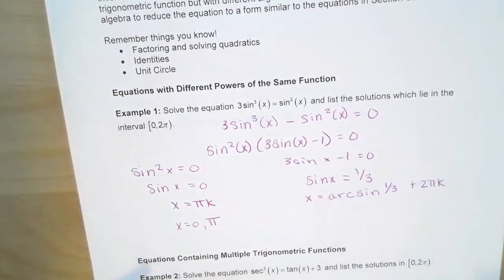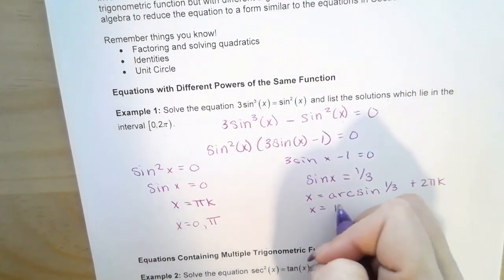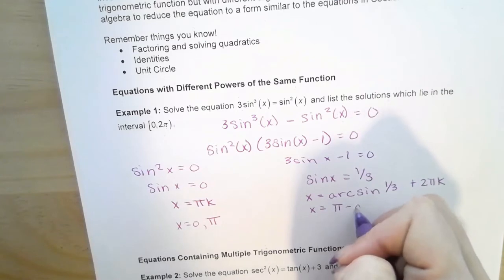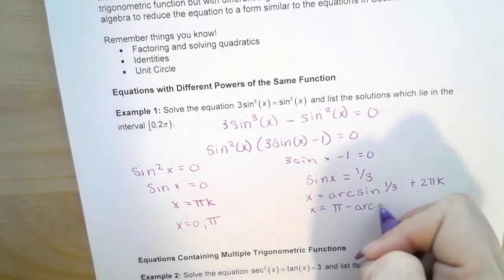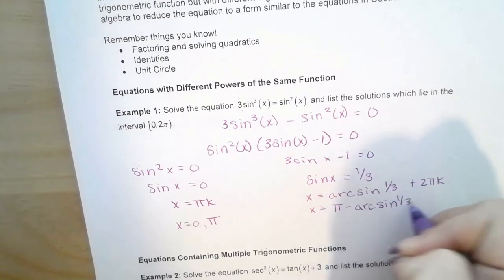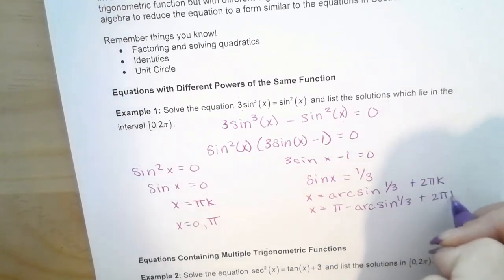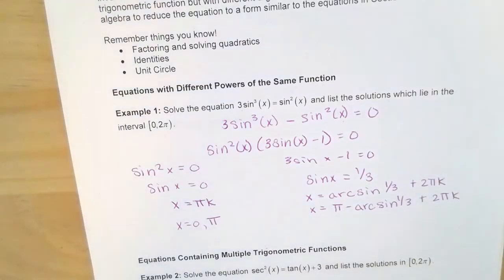Now of course there's another value up there, and it's going to be pi minus arc sine 1/3 plus 2 pi k.